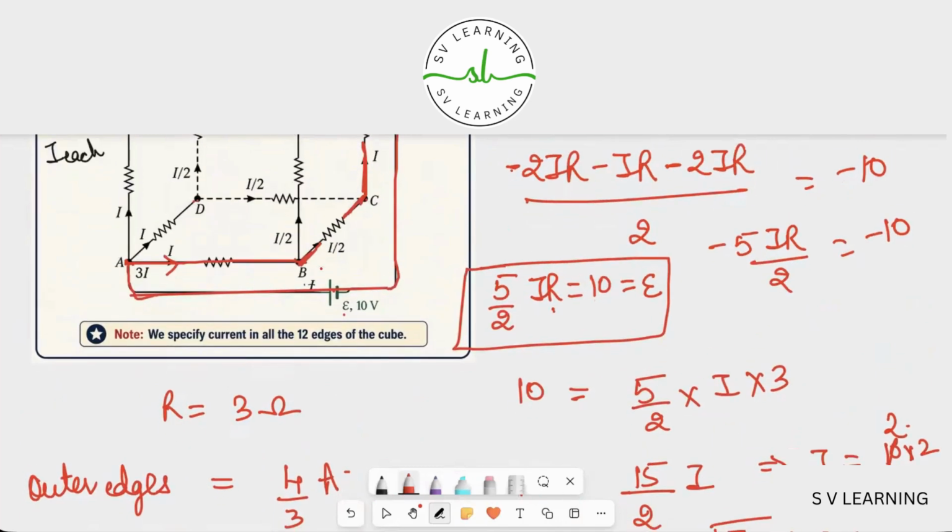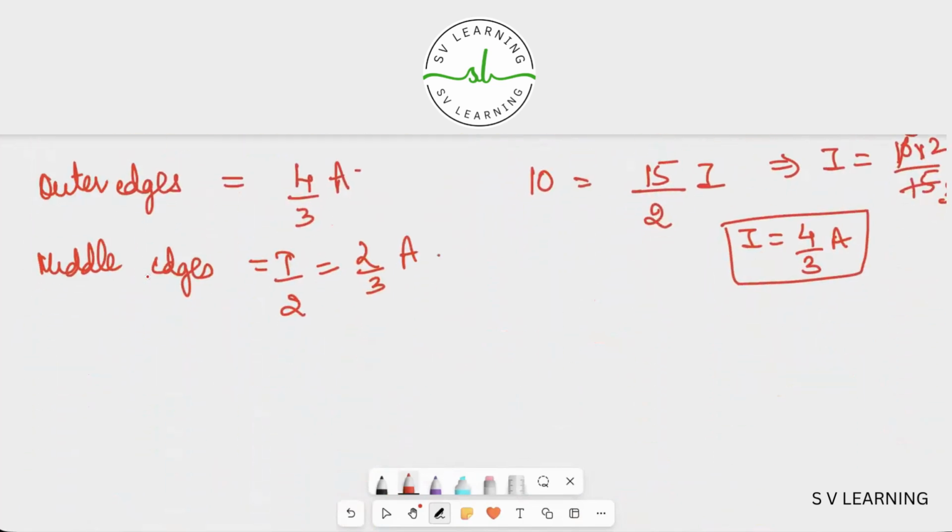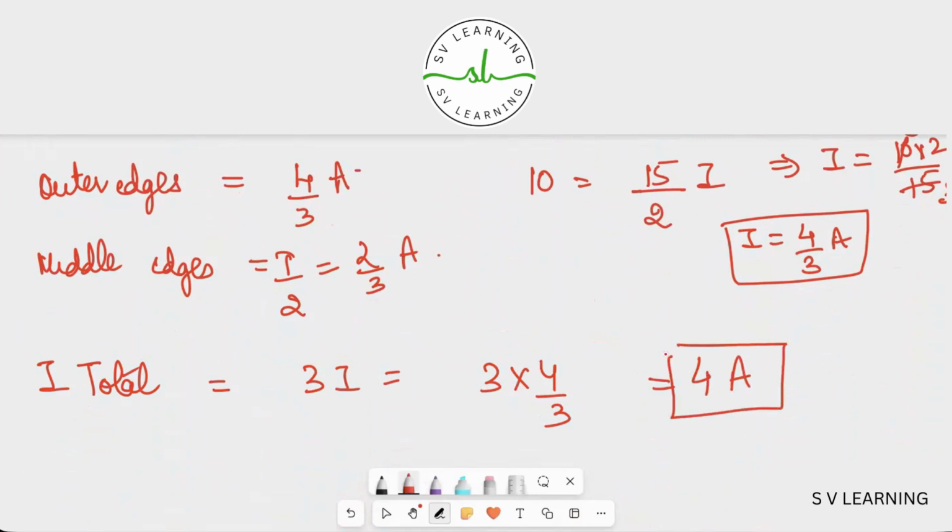Now the total current supplied by the battery is 3I, right? So I total is 3 into I, which is 3 into 4 by 3, which is 4 amperes, right?